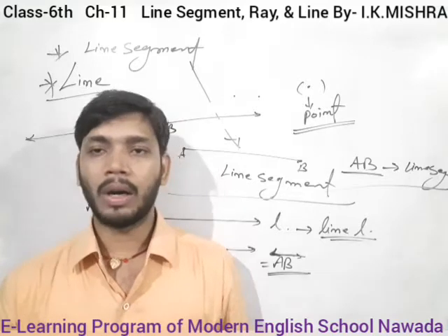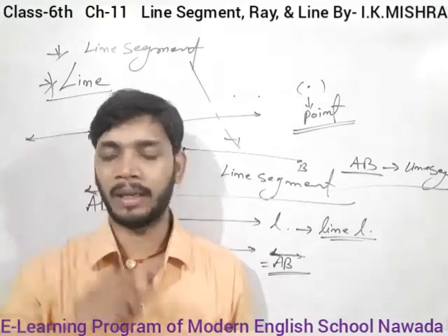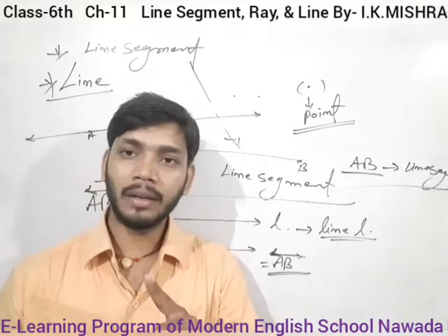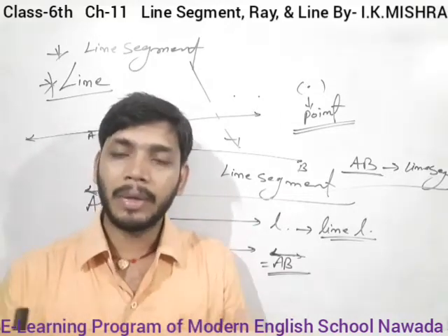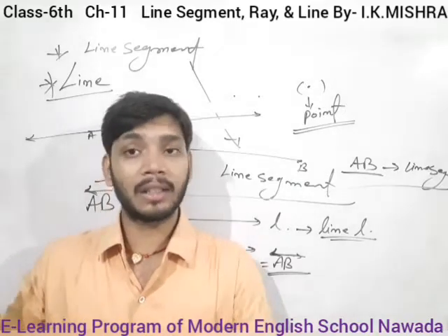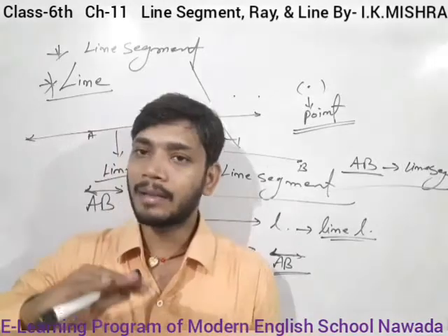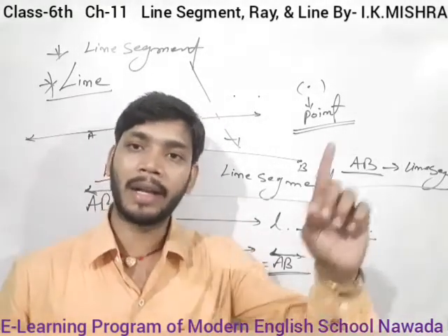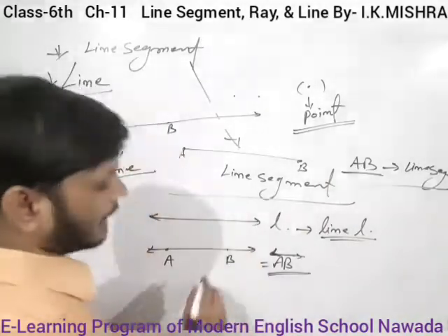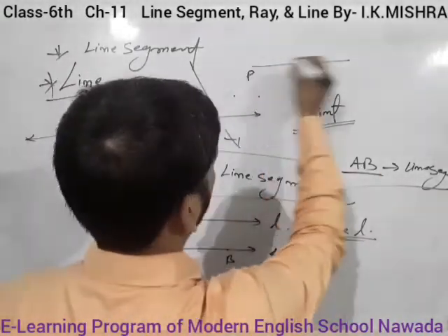Now know a very important thing, ray. What do you mean by ray? Students, when a line segment extends endlessly in both directions, then it is called a line. But when a line segment extends endlessly in one direction, suppose here I write a line segment PQ.